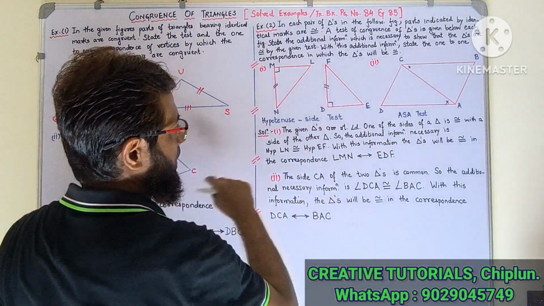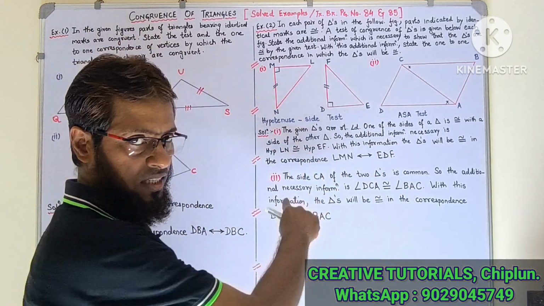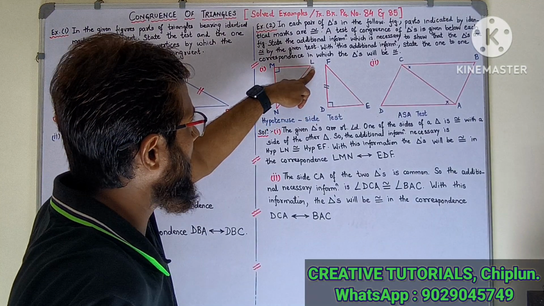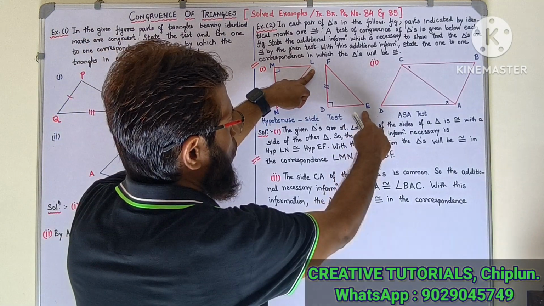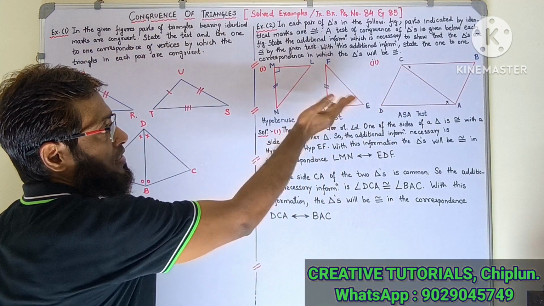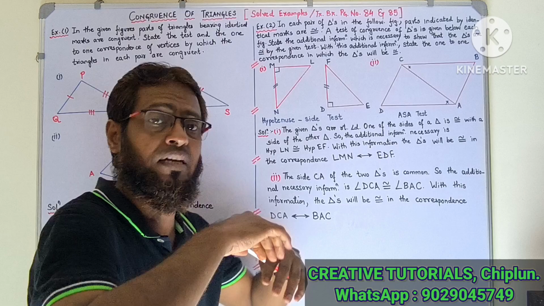Now let us see here. The first vertex I have taken is L. Suppose I am studying from L, correct? With L, this vertex will coincide or get superimposed. You can see these two triangles, though they are right angle triangles, are kept inverted.